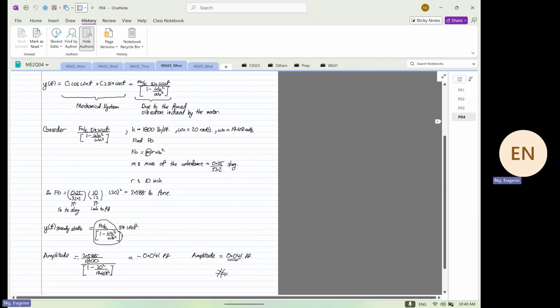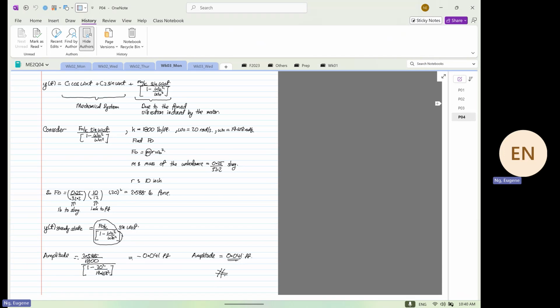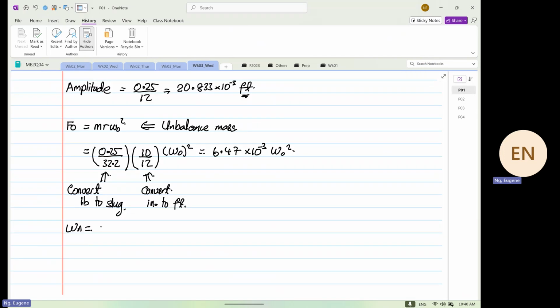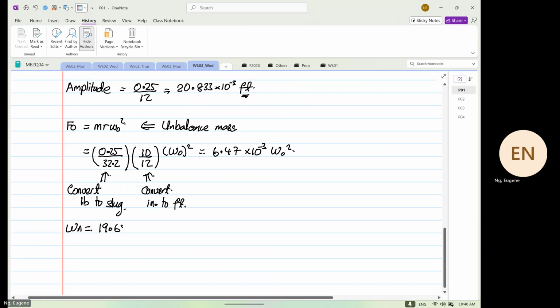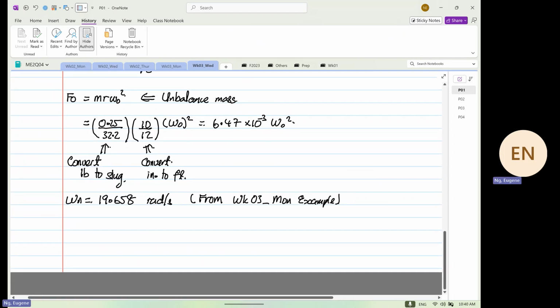Did we find omega n? 19.658 radians per second. And this is from the week 03, Monday example, in case you're wondering how we get that.